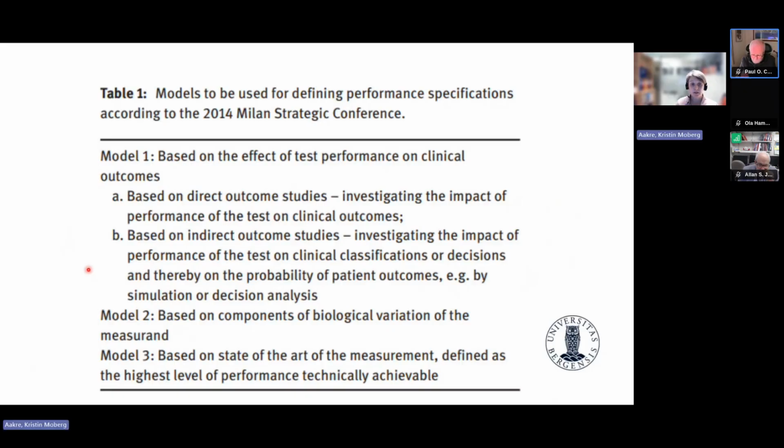For cardiac troponins, we have both kinds of studies, but not randomized trials. We have observational studies that use assays where the analytical performance of those assays is crucial for the correct classification and outcome of the patient. We will come back to that.